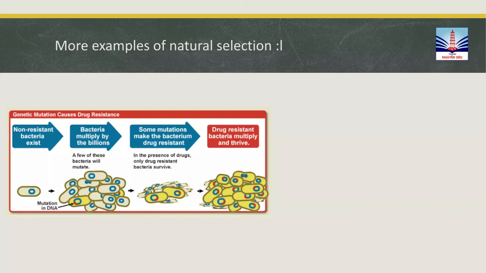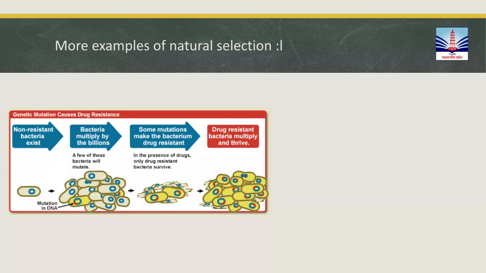That mutation may cause some of the bacteria that have the mutation to survive the drugs that are used to kill them, as in the third phase. And after the non-resistant bacteria are gone, the resistant bacteria start to multiply more, and that's how genetic mutation causes drug resistance. That was a long one, but just get the main idea.